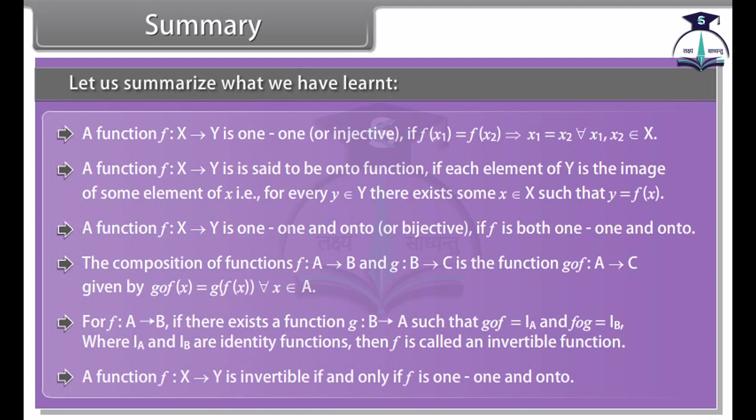A function f from X to Y is invertible if and only if f is 1-1 and onto.